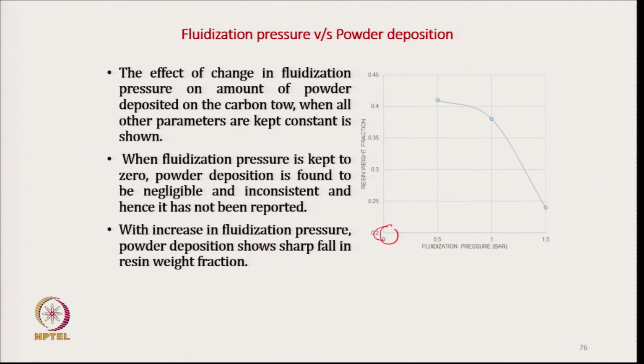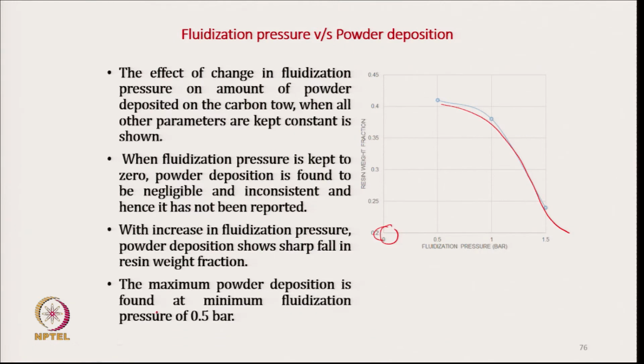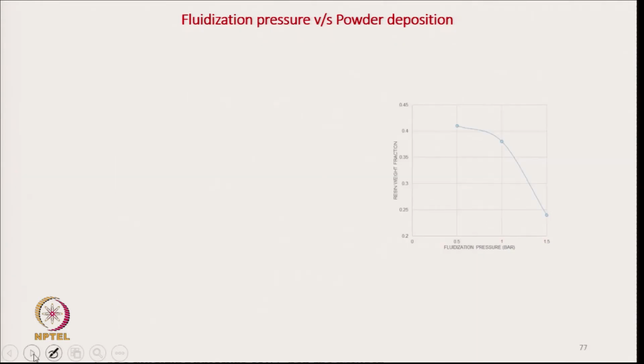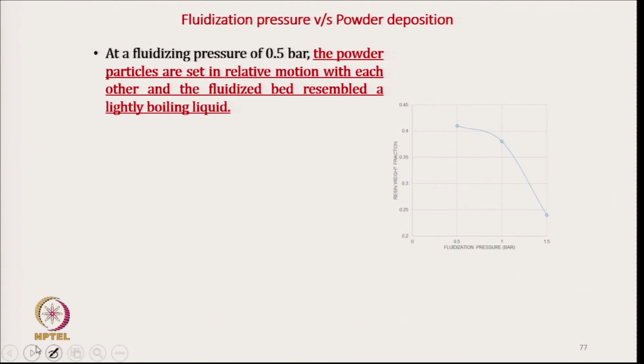With the increase in fluidizing pressure, powder deposition shows sharp fall in the weight fraction. The maximum powder deposition is at 0.5 bar. At a fluidizing pressure of 0.5 bar, the powder particles are set in relative motion with each other, which helps in conveying of powder up to the toe.